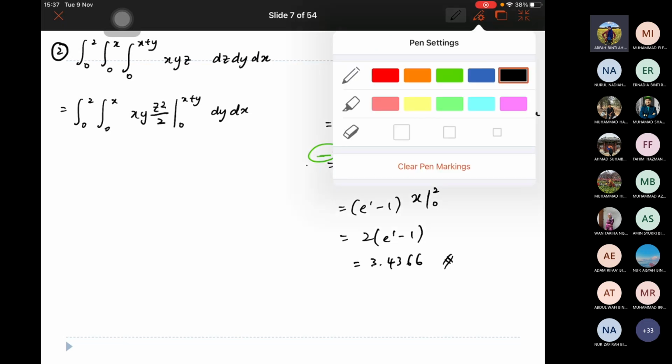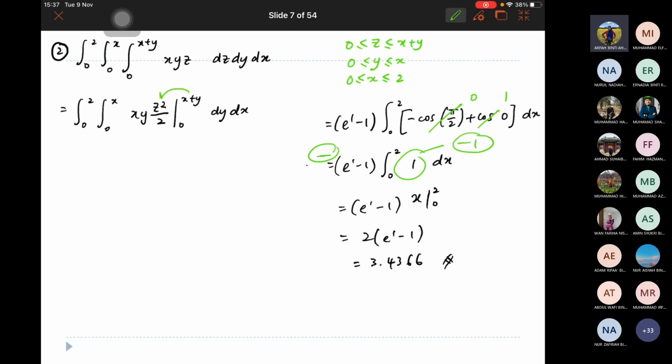So kena gantikan X tambah Y ni dalam Z kuasa 2. Dan dia ada 1/2. Saya nak senang, saya keluarkan 1/2 constant. 1/2 saya letak luar, kosong up until 2, 0 until X, X, Y, X tambah Y kuasa 2, dy, dx. So cuba kembangkan such equation.